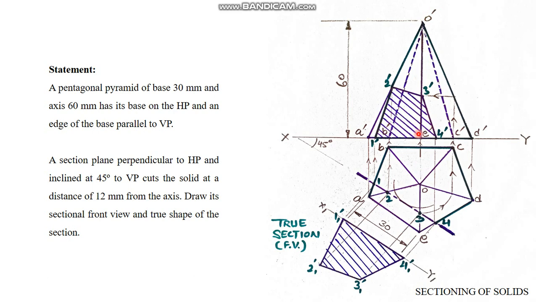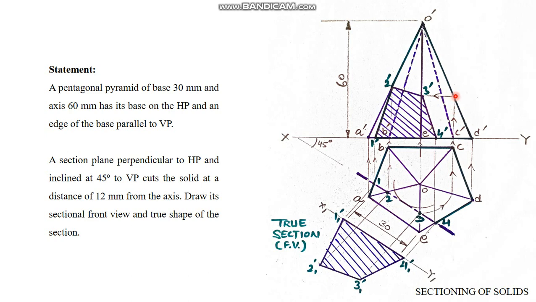But the exact location of this 3 dash is difficult to obtain when you directly take the projection from point 3 towards VP. So you have to open your compass to the distance O3 and then draw an arc towards OD, and then take a vertical projection and cut this projection on O dash D dash.